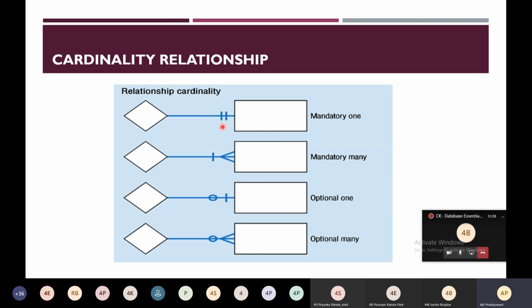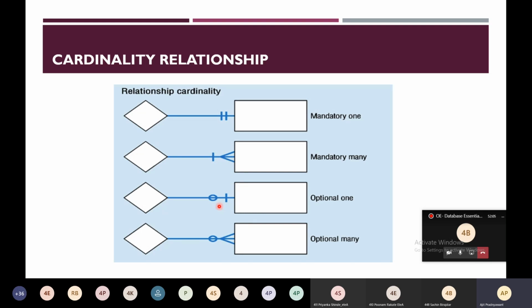So this double line indicates it is a one. To represent one-to-one mapping cardinality, you have to represent it like this in ER notation. Next is this line and these multiple lines over here. It is called mandatory many. To represent many, you have to represent it like this, line and multiple lines.